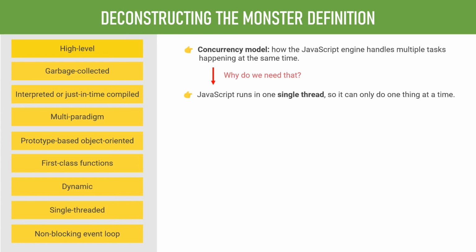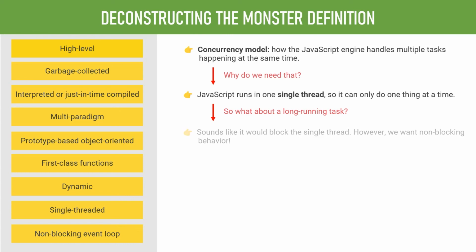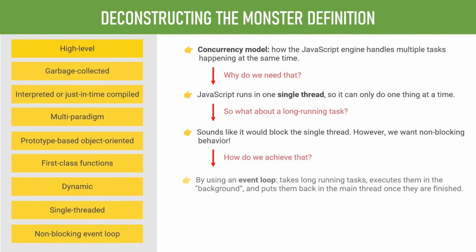Alright, but what if there is a long-running task, like fetching data from a remote server? Well, it sounds like that would block the single thread where the code is running, right? But of course, we don't want that. What we want is a so-called non-blocking behavior. And how do we achieve that? Well, by using a so-called event loop.